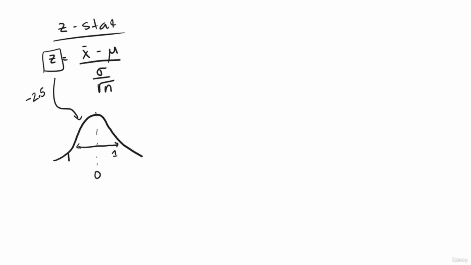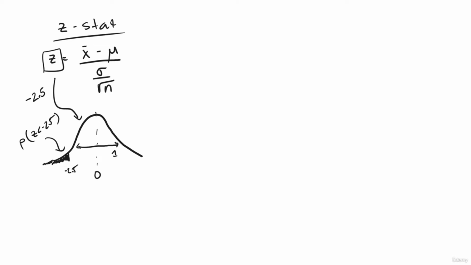The probability of observing -2.5 under a standard normal distribution or something more extreme is the area under the curve at and to the left of -2.5, extending out into infinity. So this area right here is the probability of getting z less than -2.5.